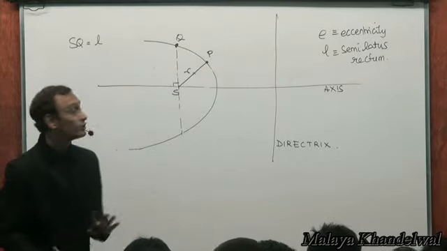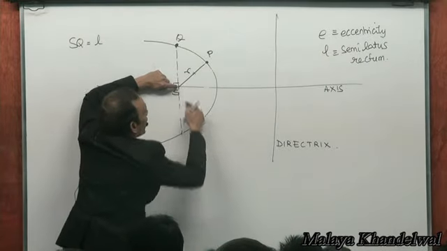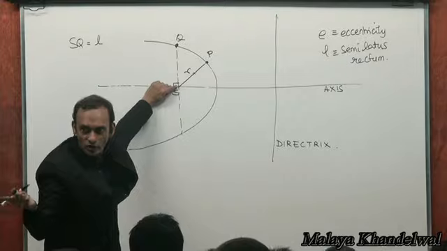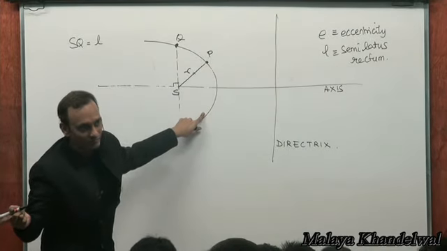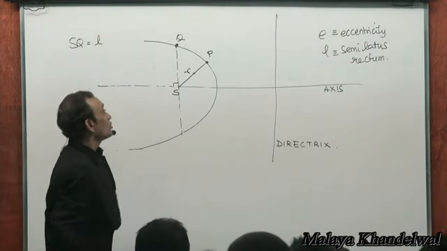But r is not enough, because we could have had an r like this and an r like this, giving me two different points on the conic section, isn't it? A mirror image of P will have the same value of r, right? So it's not just r.